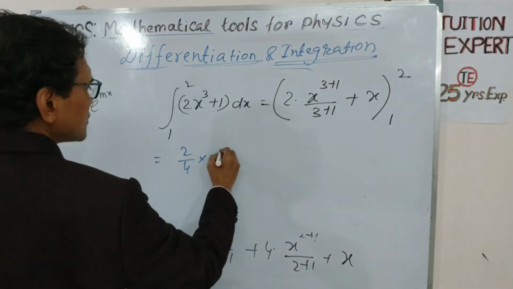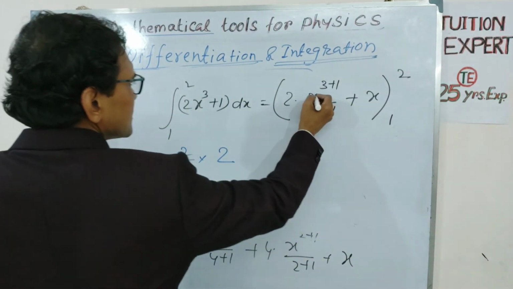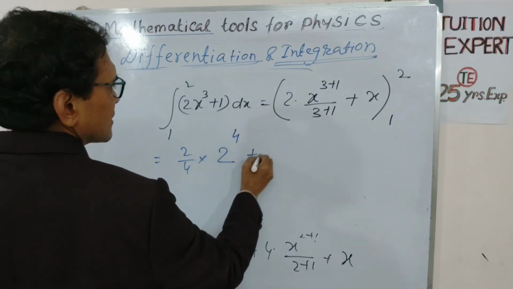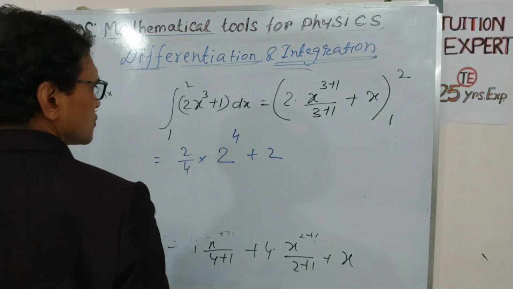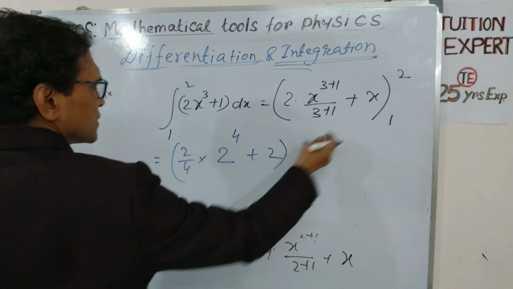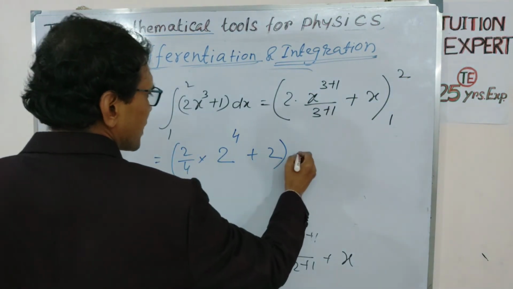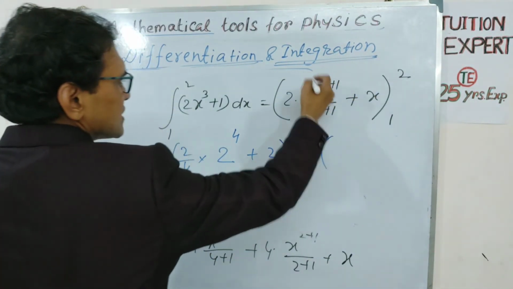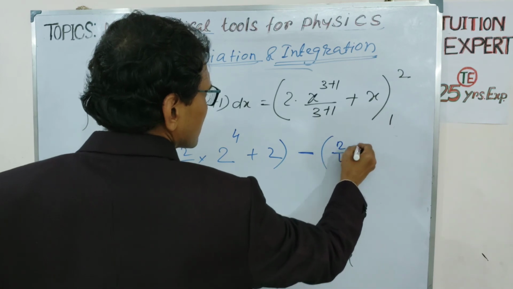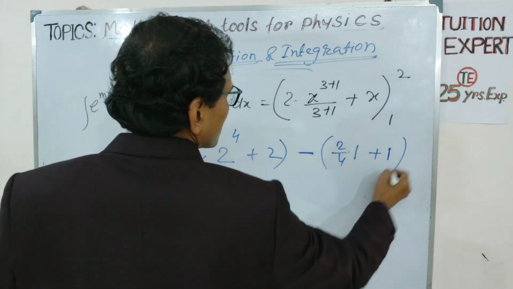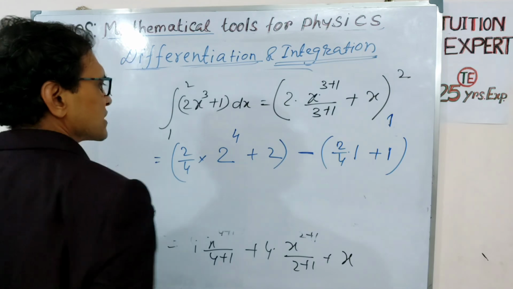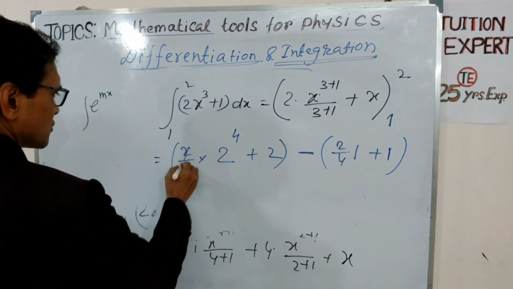Now in x to the power 4 you put 2 in place of x. So this is the upper limit. Put the upper limit in place of x, minus, put the lower limit in place of x. So this is the formula.